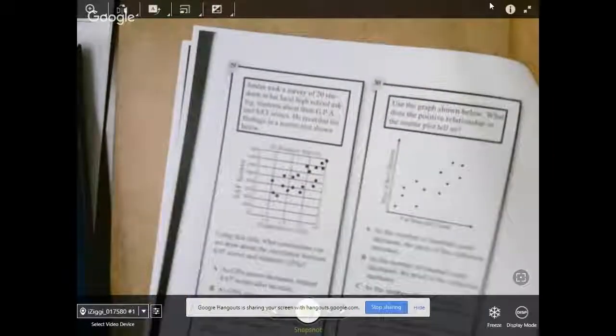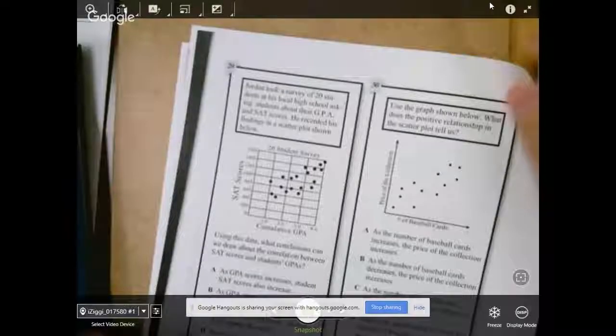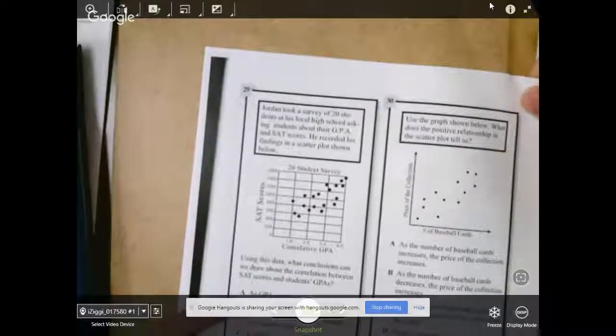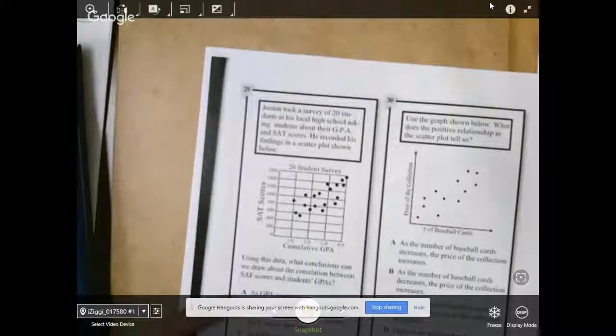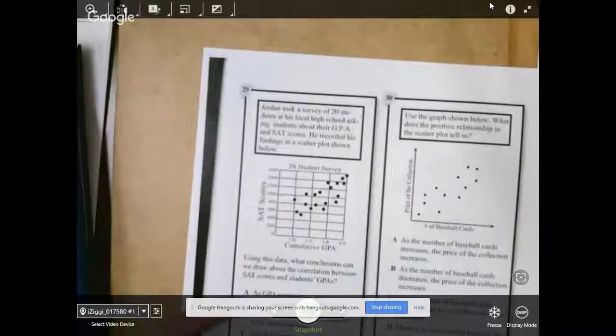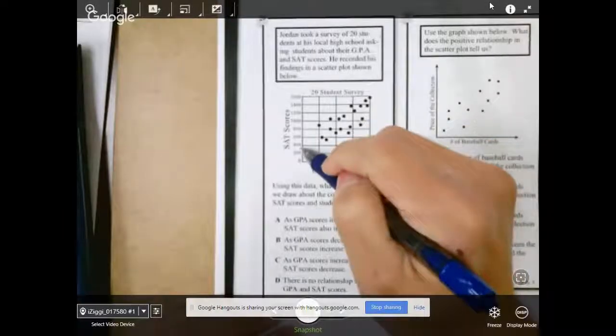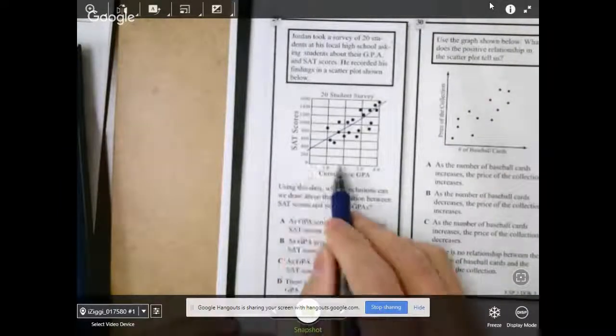Jordan took a survey of 20 students at his local high school, asking students about their GPA and SAT scores. He recorded his findings in a scatter plot shown below. Okay, so it looks like there is a correlation. It looks like it might be a weak correlation. Using the data, the GPA increases going to the right, and SAT increases going up.